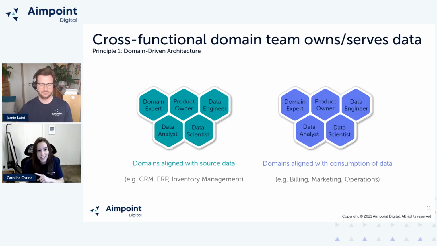Then, on the other hand, you'll have domains that are more aligned with how the business tends to view or consume the data, such as with the billing domain that leveraged the source domains to develop billing-specific analytics. And in addition to that, you could also have domains that aggregate data from multiple source systems for easier reporting.